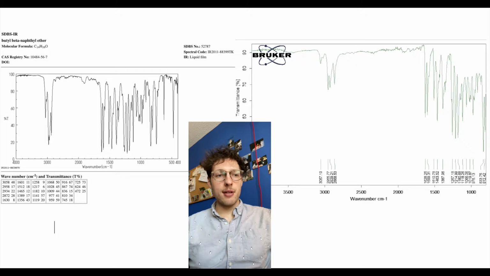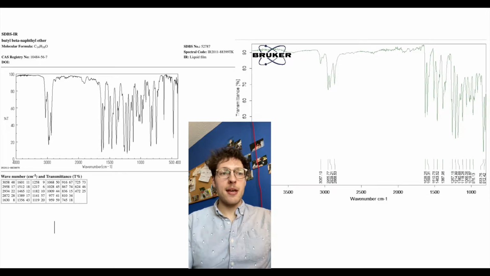We have a broad strong signal at around the 3000 wave number, and also some sharp peaks at around 1600 and 1630. As you can see, I pulled up from the Spectral Database for Organic Compounds the 2-butoxynaphthalene standard IR spectrum. And if you compare the two, they look very, very similar.